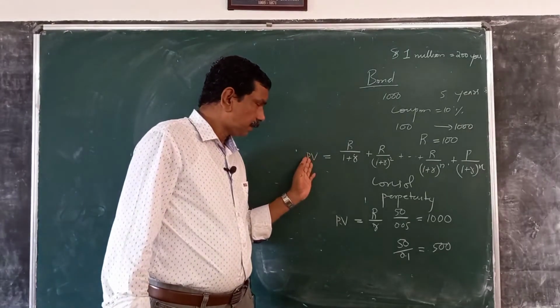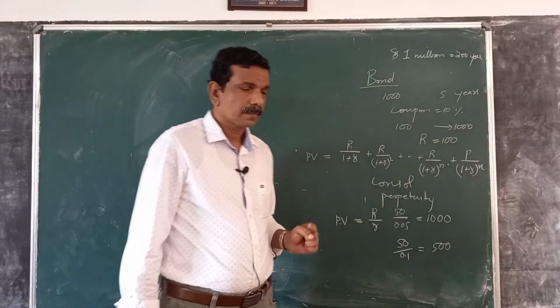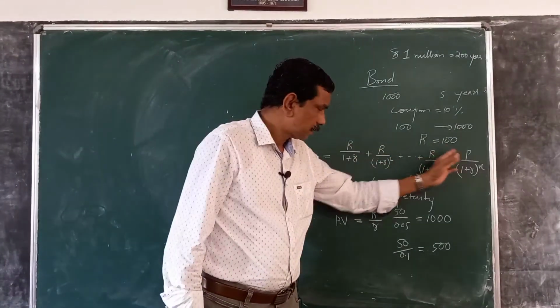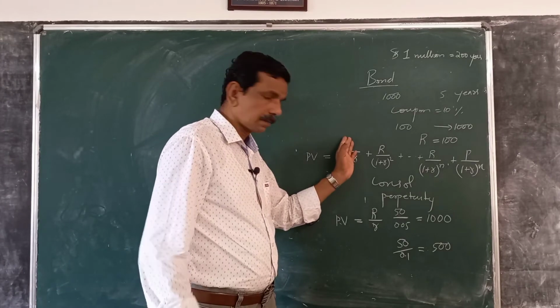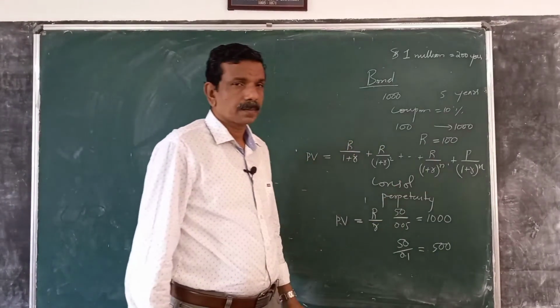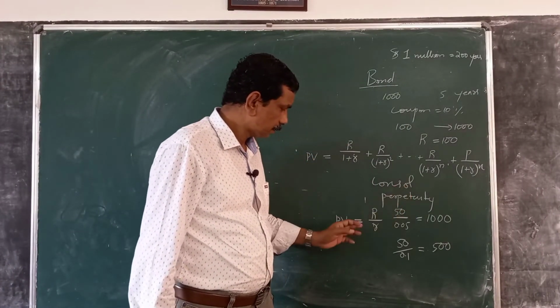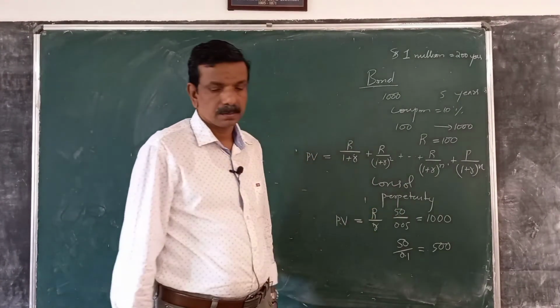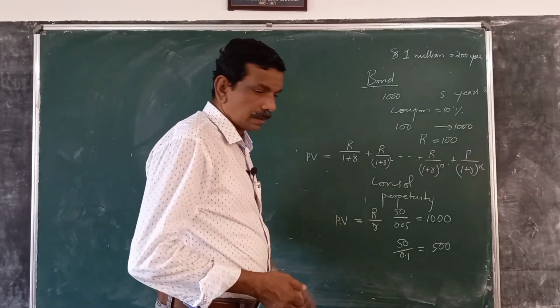So, if you are entitled to a series of claims, then the present value is obtained by using this formula. And if the bond is a console, a perpetuity, PV becomes R by i. Let us see how it becomes R by i.